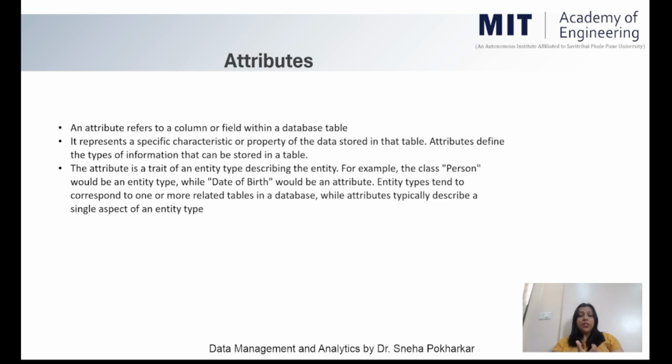Entity types tend to correspond to one or more related tables in a database, while attributes typically describe single aspects of the entity type. Like date of birth will describe only date of birth. Student ID will represent only student ID. So attributes typically describe a single aspect of the entity type.